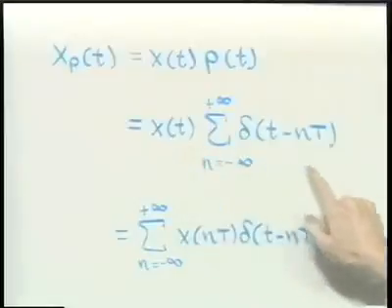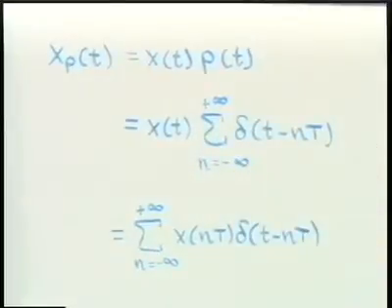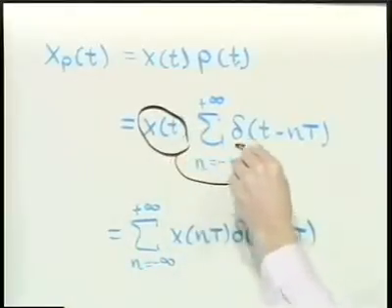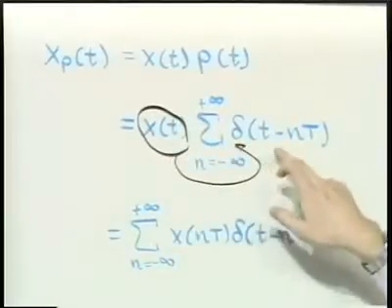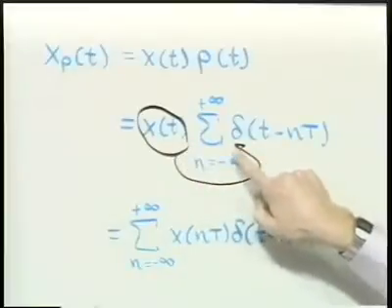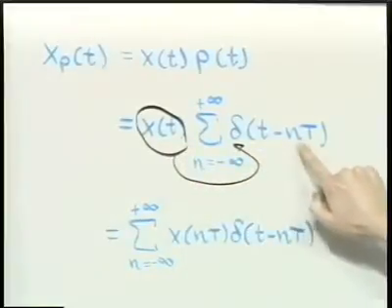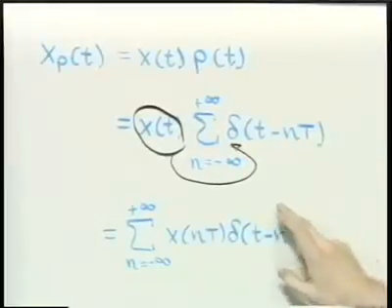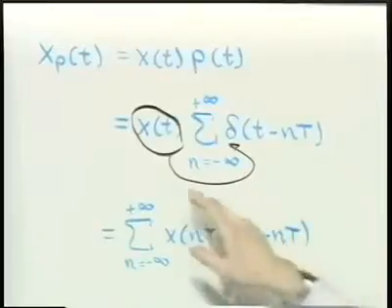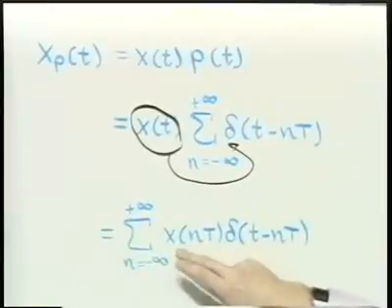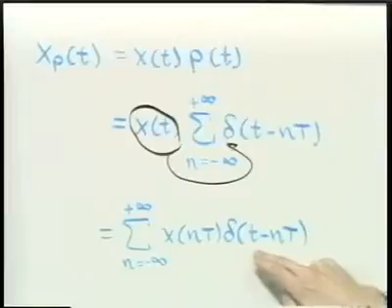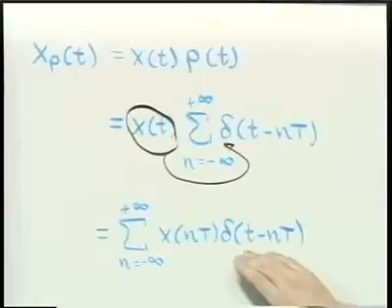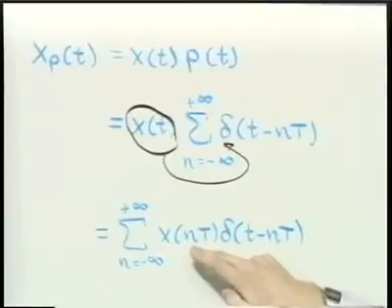Because this is an impulse train, we can take this term inside the summation, and what counts about x of t in this expression is just its values at the sampling instants, which are displaced in time by capital T. So what we can equivalently write is the expression for the impulse train of samples, as I've indicated here: simply an impulse train whose areas are the sample values.